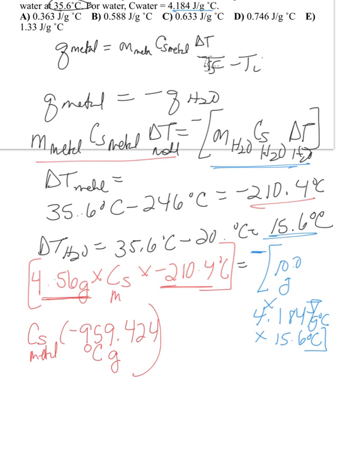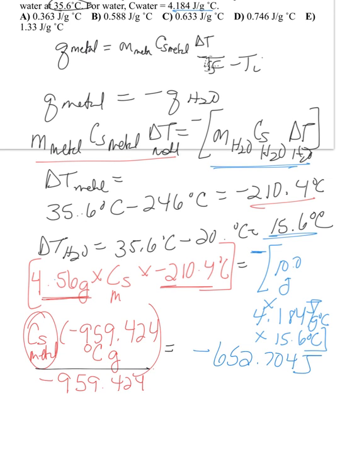And then this is going to equal, you should get a negative 652.704 joules. And then you want to solve for the C of the metal. This is connected by multiplication, so you're going to have to divide both sides by negative 959.424 degrees Celsius. Divide both sides by this number.